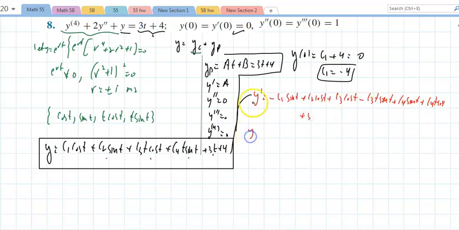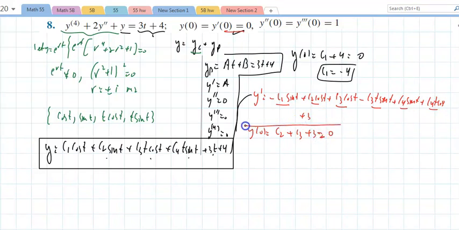And if I take y prime of 0, I'll get c sub 2 plus c sub 3 plus 3, and that equals 0.